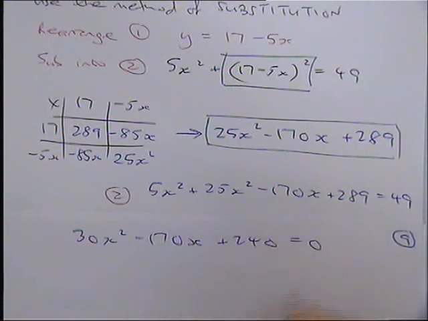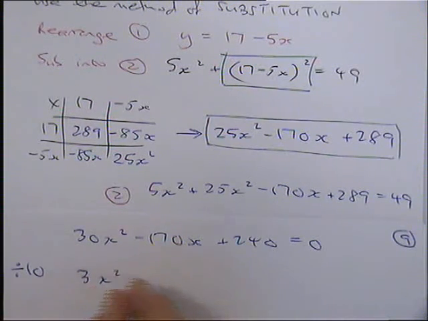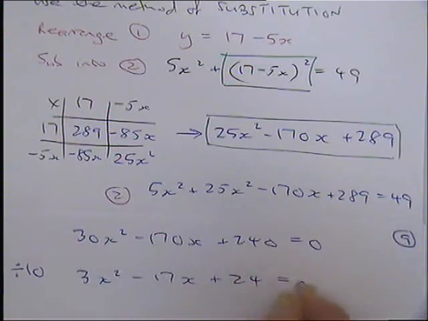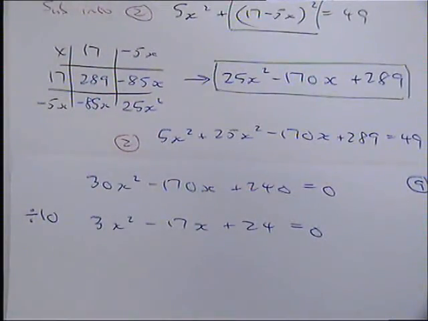That equals 0. Something nice about those numbers. Yeah, all divisible by 10. Let's divide everything by 10. That includes the right-hand side as well. What do I get when I divide my right-hand side by 10? 0, okay? So I get a much easier, nicer looking quadratic.